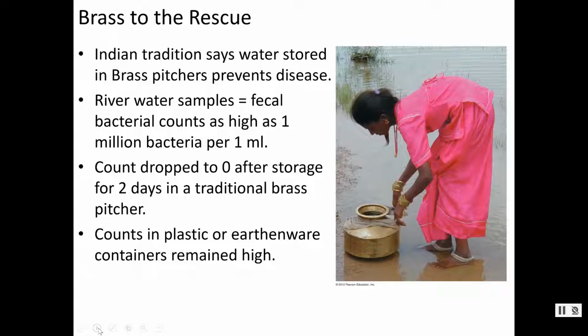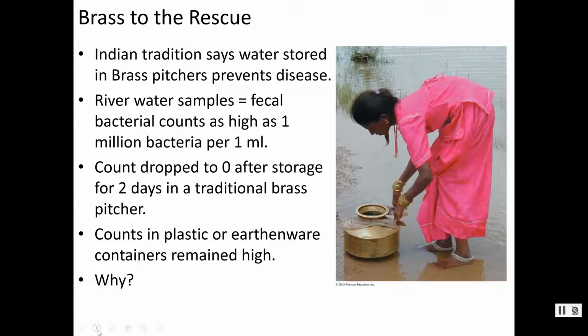They did not see the same thing in plastic or earthenware containers, so it didn't have to do with sunlight or anything like that. There was something to do with this brass. So the people who lived there were correct. Gathering water in these brass pitchers did prevent disease. They prevented that fecal to oral contamination, sewage and fecal matter, and then consuming it by the next person and causing a disease.